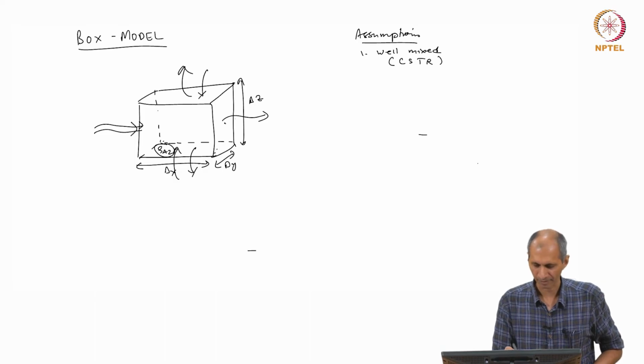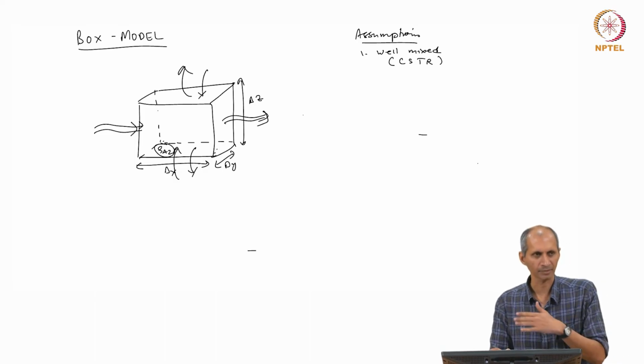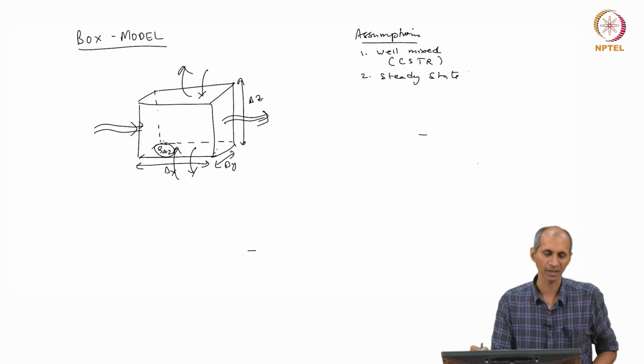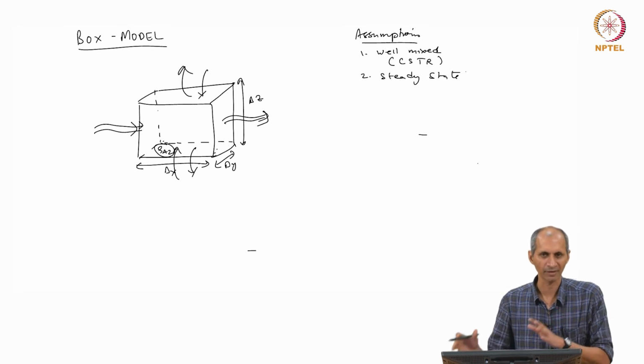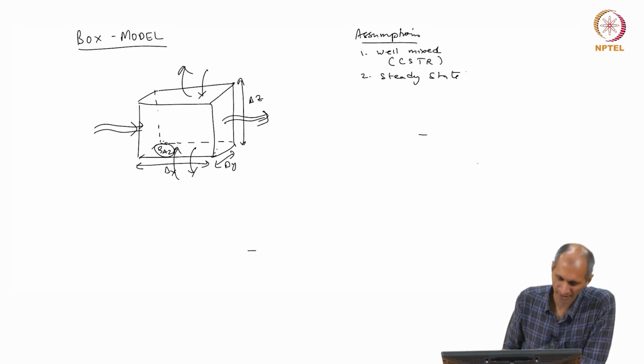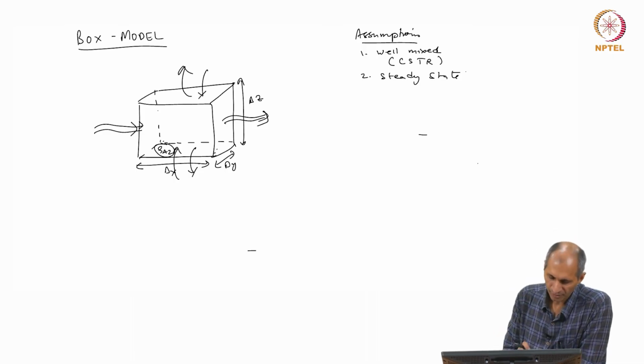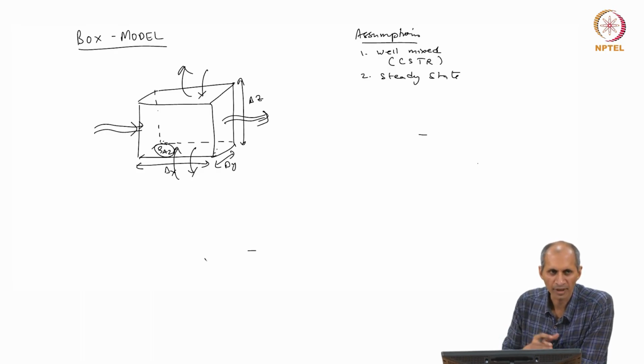We can superimpose another assumption here, which we call steady state. It need not be steady state, but let us have another relaxing assumption called steady state. This is very useful in flowing systems because nothing is accumulating, everything is moving here.